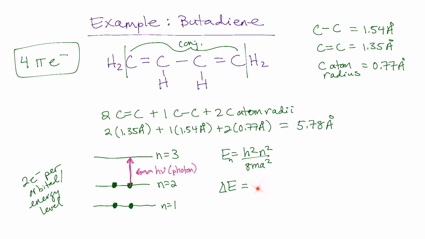So we've got our constants out here still, and then we'll just plug in for our transitions in n. We're going to do E final minus E initial, so we get 3 squared minus 2 squared.